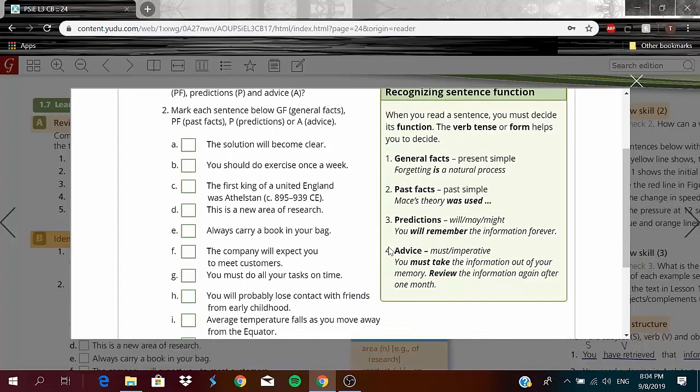Is it a past fact? So for example, the use of past simple: Mace's theory was used, right? Or is it a prediction maybe? So will, may, might. All of these words indicate a prediction, so you will remember the information forever. And finally, is it advice? Like must and imperative. So you must take the information out of your memory. Review the information again after 1 month.